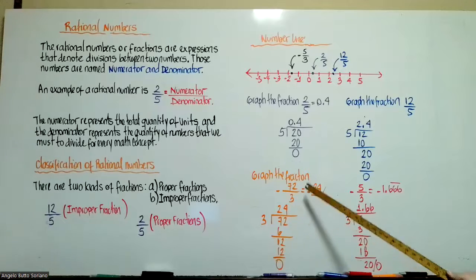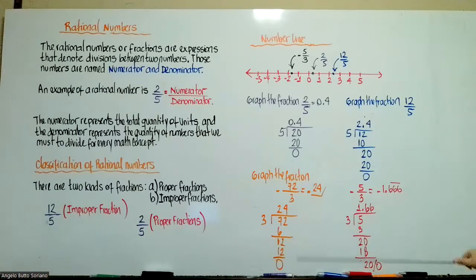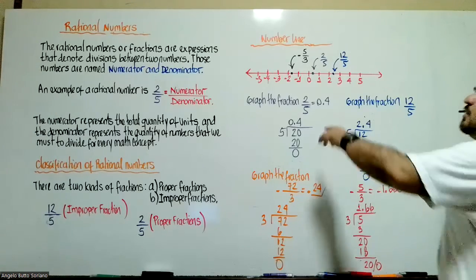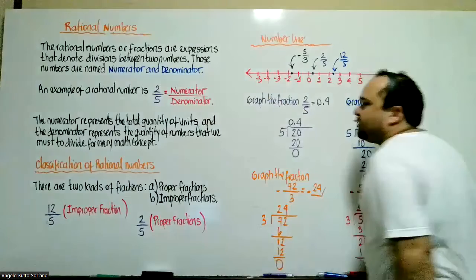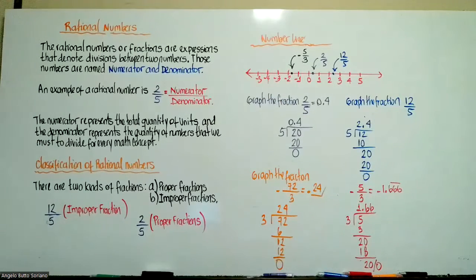Tenemos esta fracción impropia, negativo 72 tercios. Al momento que usted lo divide, nos queda el entero negativo 24, que podríamos crear una escala más grande de la recta numérica, y este descansaría perfectamente en negativo 24. Entonces ahí estamos denotando que las fracciones también pueden albergar números enteros, tanto positivos como negativos.